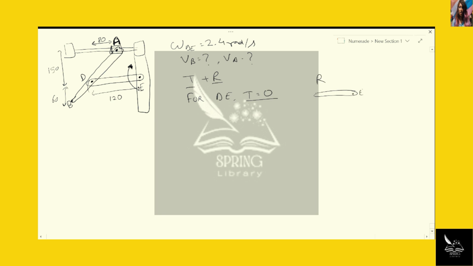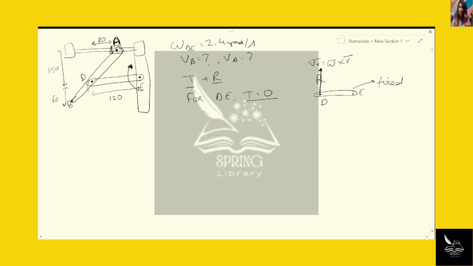So we draw the rotational part. So this is point E, which is fixed, and this is D, which is free to move, and the velocity will be perpendicular. Angular velocity cross R is your radial velocity.